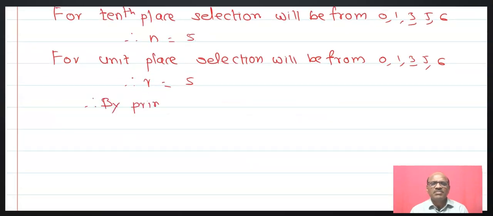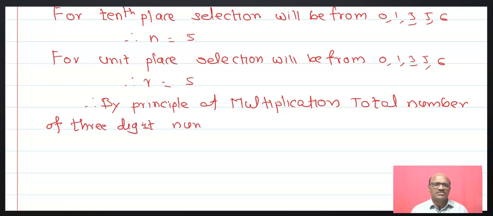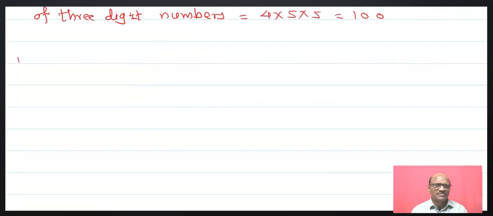And by the principle of multiplication, the total number of these 3-digit numbers is equal to 4 into 5 into 5, and that is equal to 100.